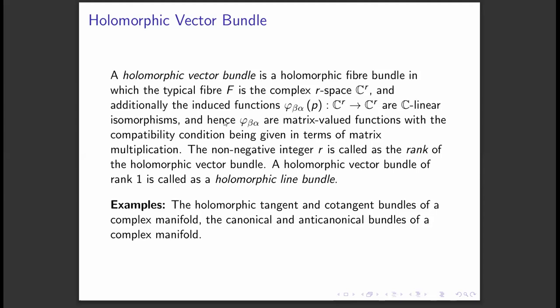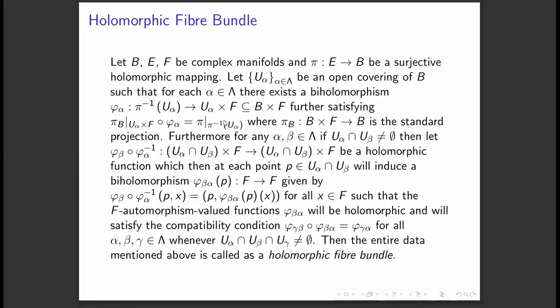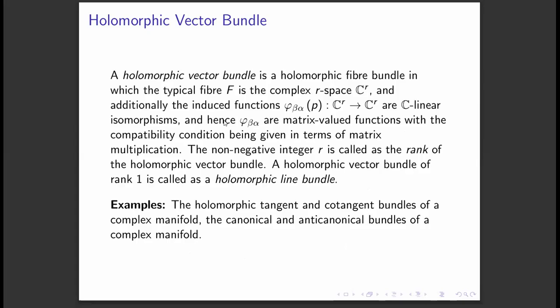There is a question. Yes, Prahlad, go ahead. I think, as you said, and also wrote down, the typical fiber is C^r. Ideally it is not, right? Because it is isomorphic to C^r.